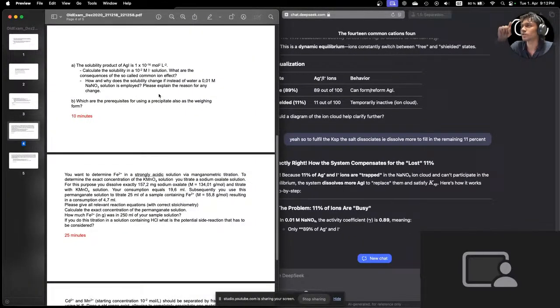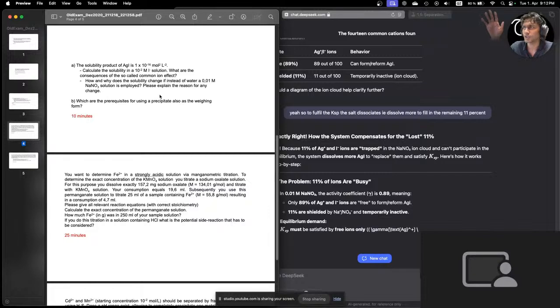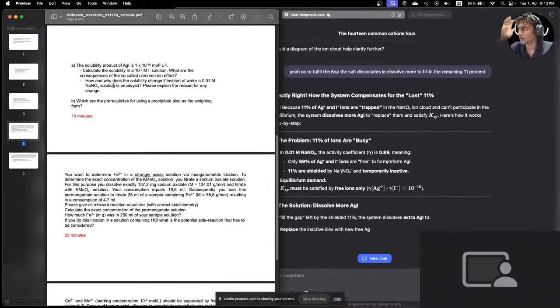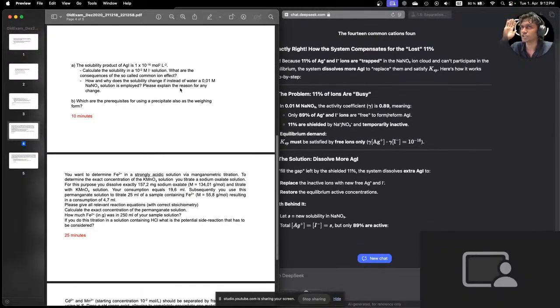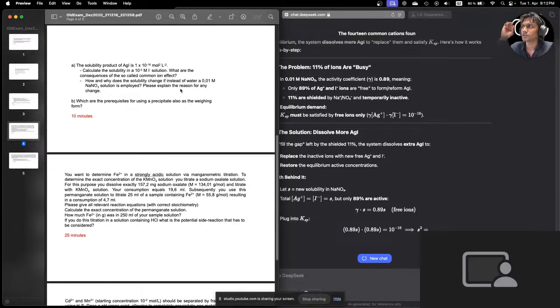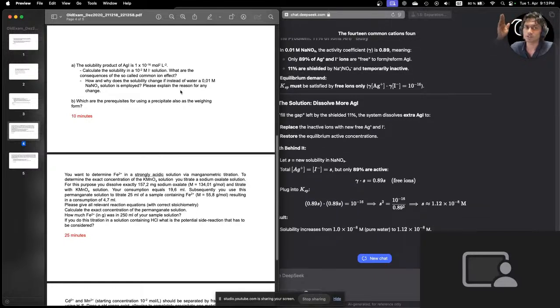How and why does solubility change? I know why it changes. Please explain the reason for any change. So if I understand, I don't need to do the calculations.